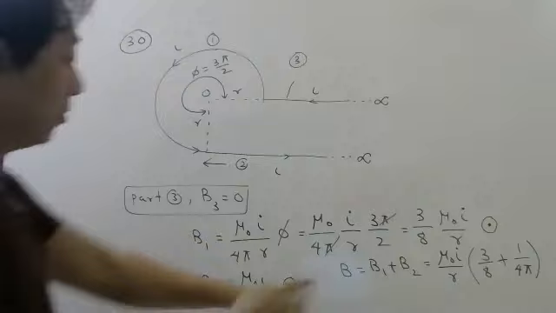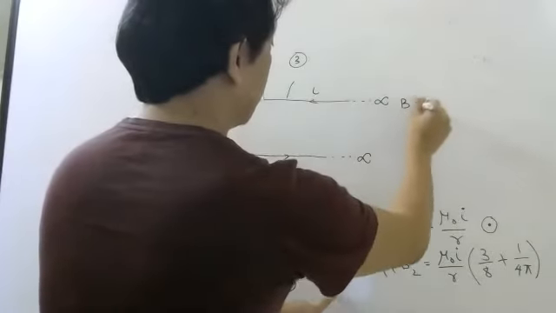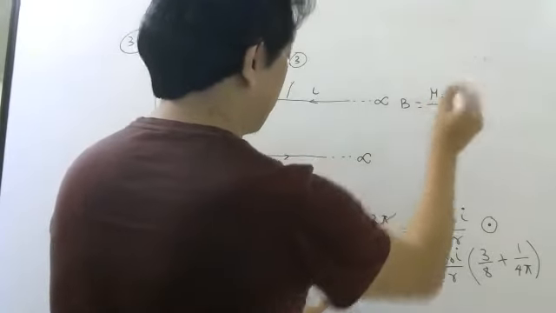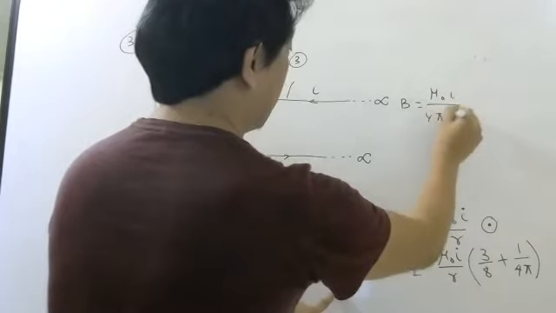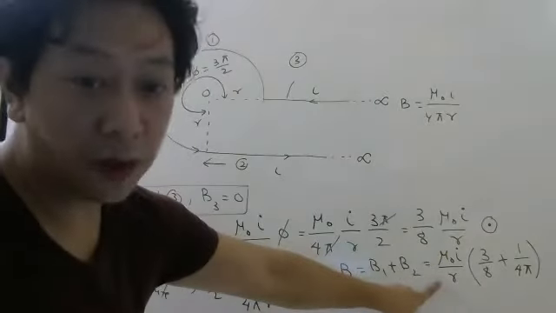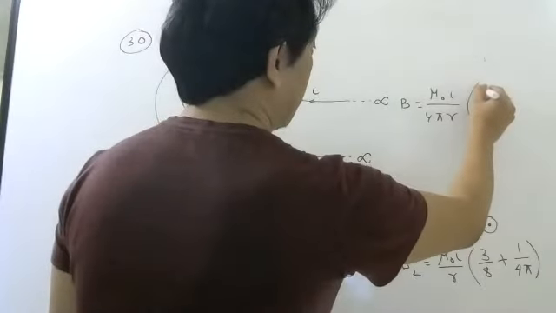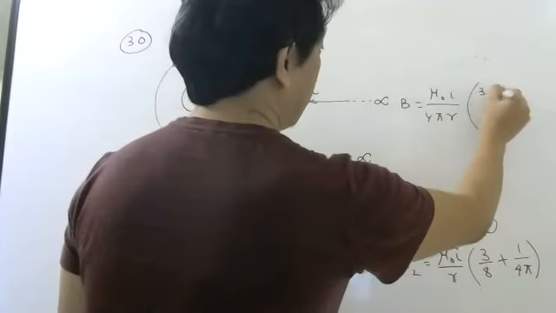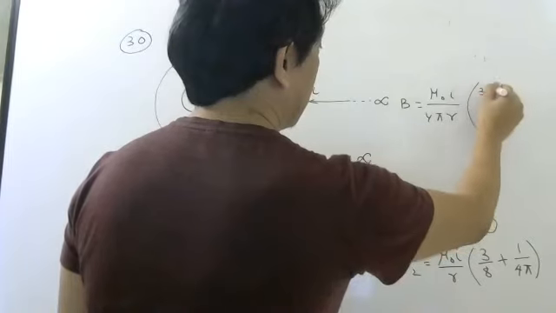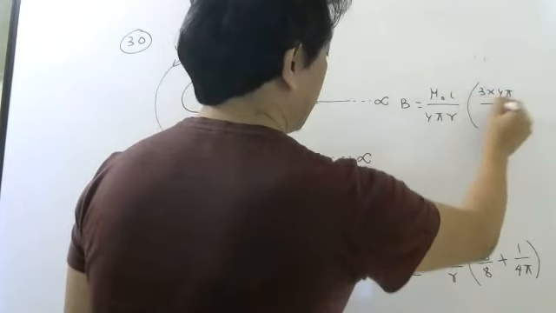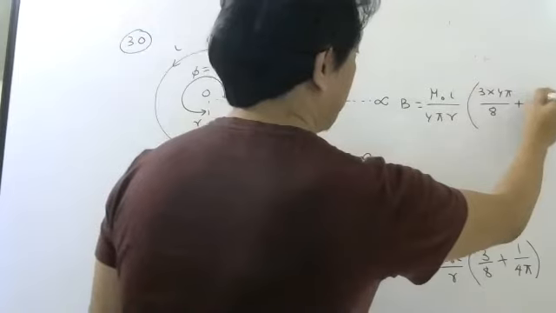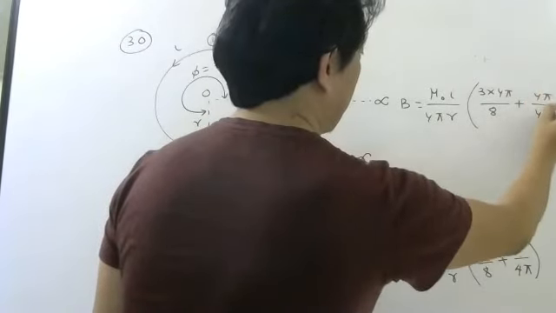what you do, you write this magnetic field as mu naught I divided by 4 pi R. So if I write here 4 pi, I have to multiply by 4 pi. So if I multiply by 4 pi, 3 into 4 pi divided by 8 plus 4 pi divided by 4 pi.